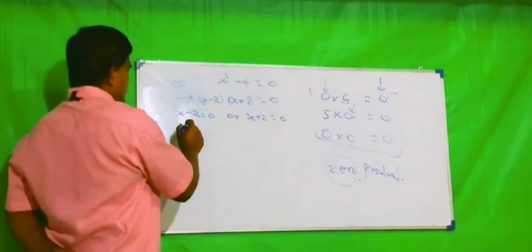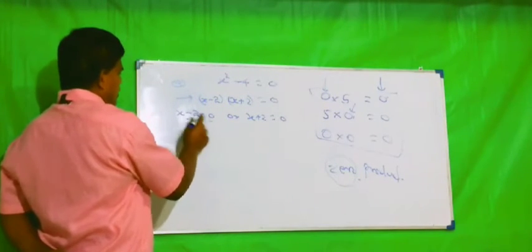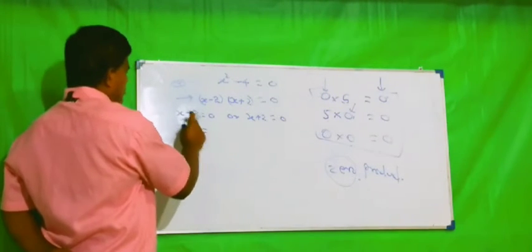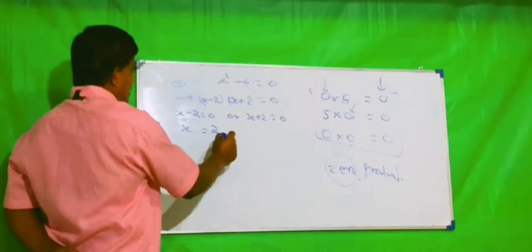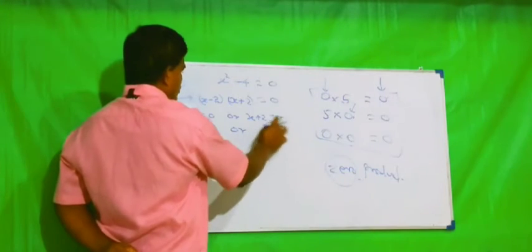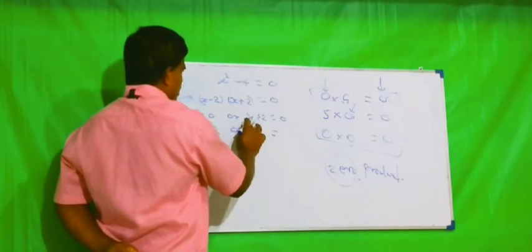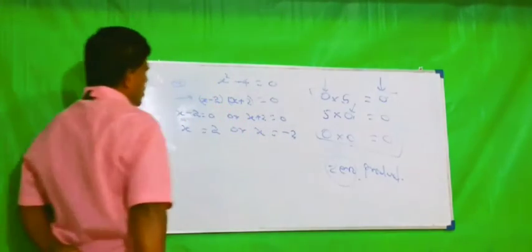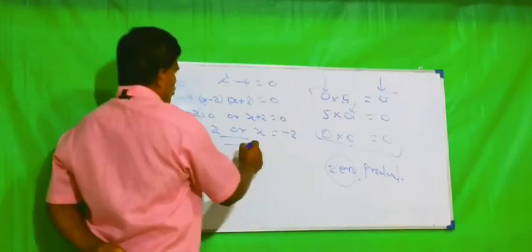Now from this equation s can be made the subject, so minus 2 moves to the other side, and in the other equation plus 2 moves to the other side, giving minus 2. These are the solutions of this equation.